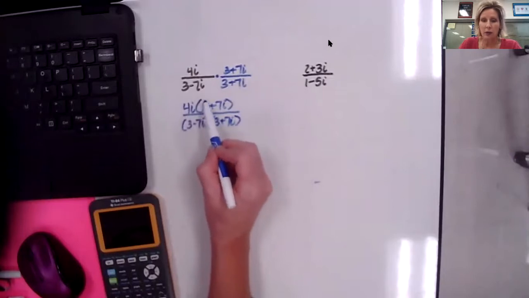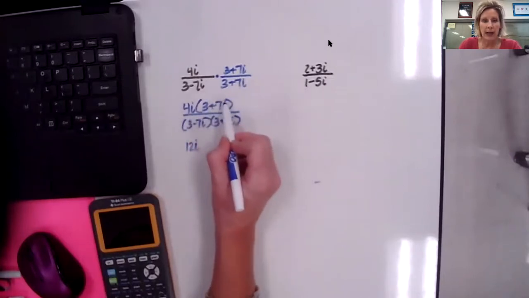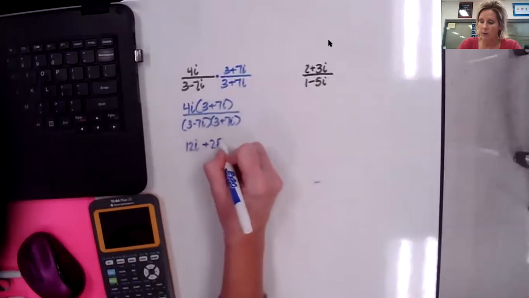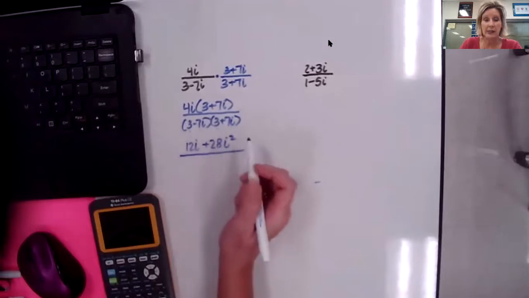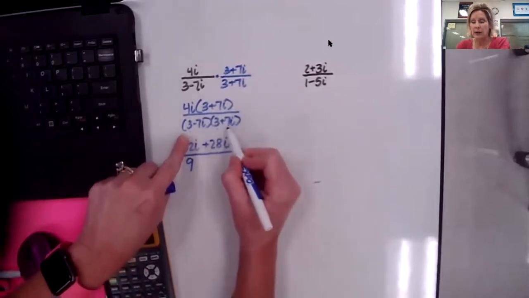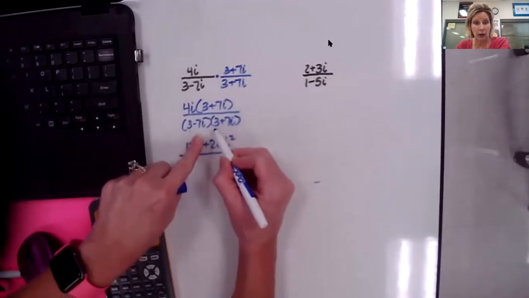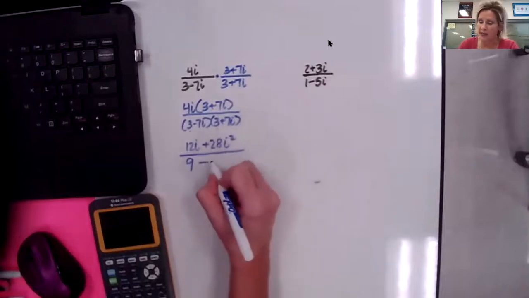So I distribute and get 12i plus 28i squared. On the bottom, first is 9. Outer is plus 21i. Inner is negative 21i, so those cancel. Last is negative 49i squared.